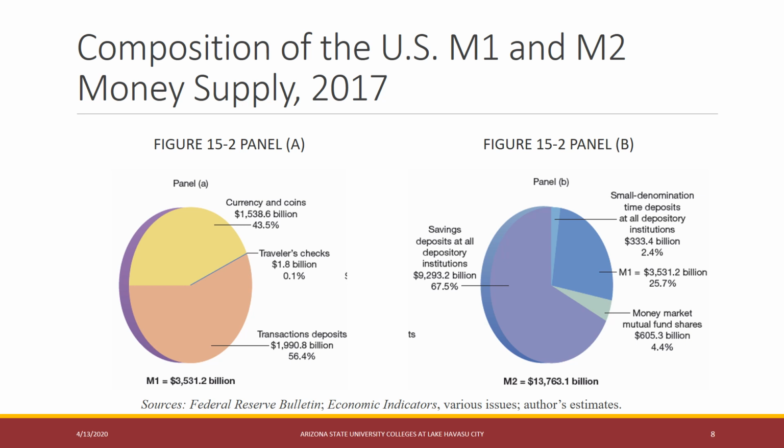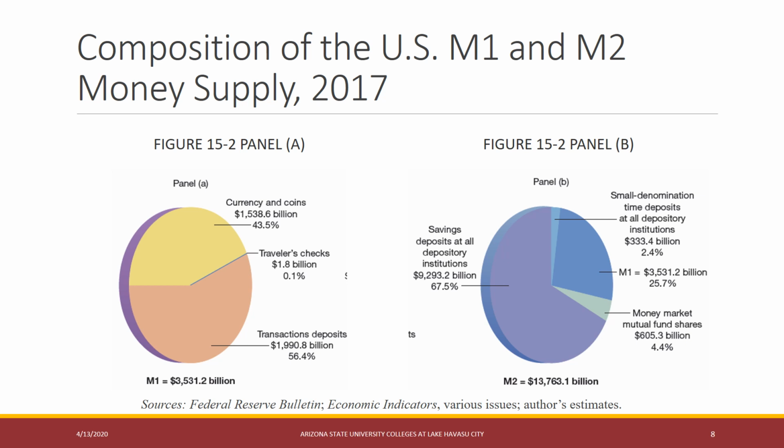Have a look at the image, figure panel A and figure panel B. Panel A shows the estimates of the M1 money supply, of which the largest component, you can see here, is transaction deposits with 56.4%.